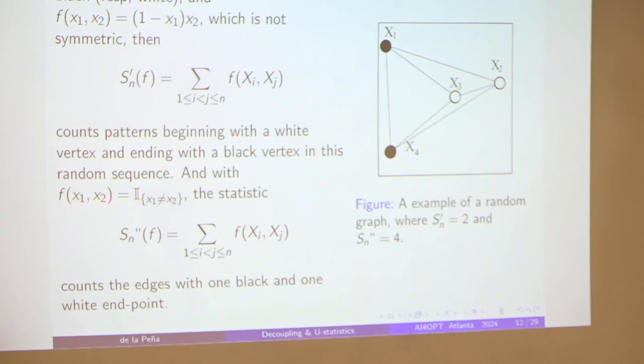Now, if you take f of x1, x2 to be an indicator of x1 different than x2, then the statistic is going to count the edges where one is black and the other one is white. How many edges satisfy that condition? One of them is white, the other one is black. So this is one of these edges. That's 1, 2, 3, and then 4.